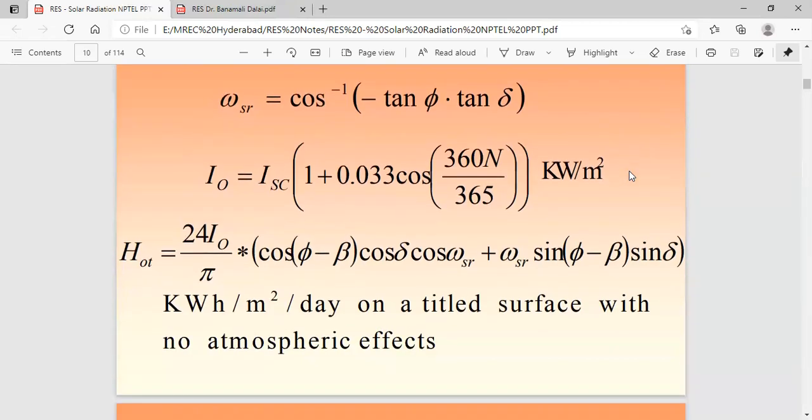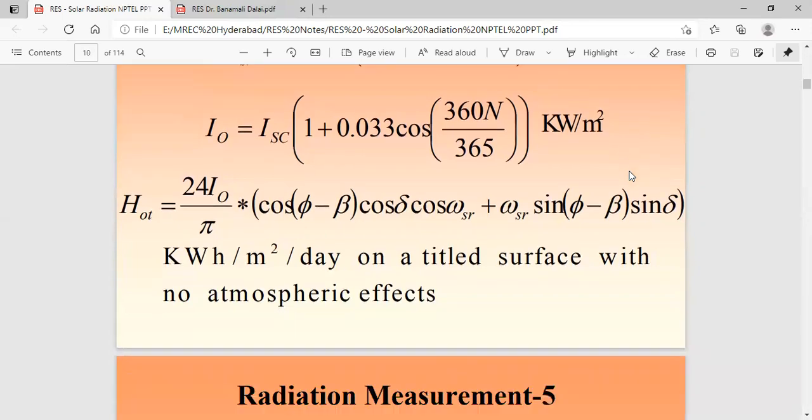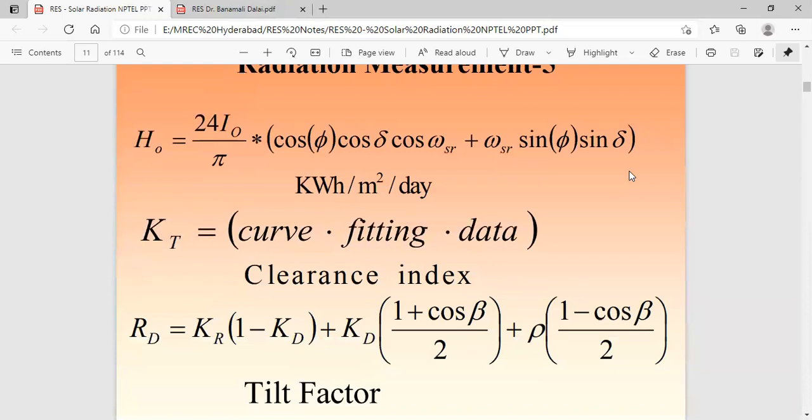Omega SR is equal to cos inverse of minus tan phi into tan delta. I naught is equal to ISC into (1 plus 0.033 cos (360 n divided by 365)) in kilowatt per meter squared. Now H naught is equal to 24 into I naught divided by pi into (cos phi into cos delta into sin omega SR plus omega SR into sin phi into sin delta) in kilowatt hour per meter squared per day.